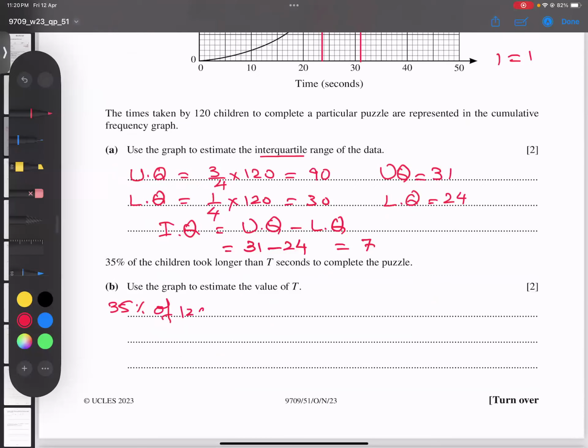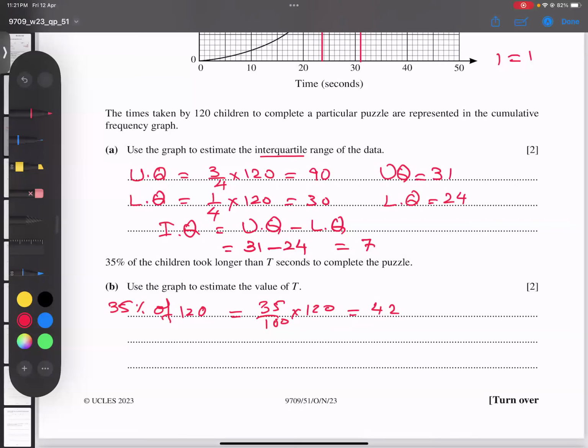If we calculate it carefully, it gives us 42.